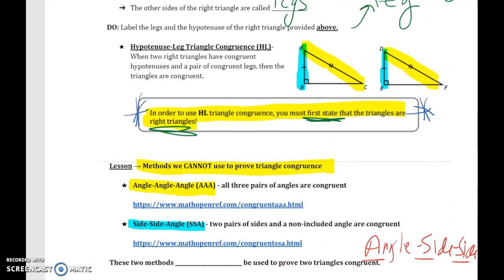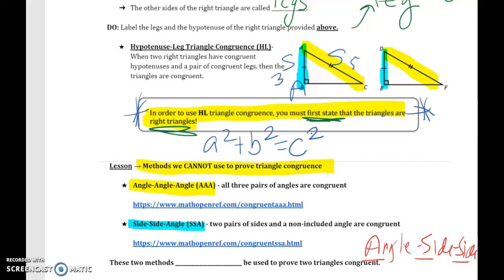With that being said, notice if we were to label the parts of the right triangle from above, side, side, angle, it is one of the methods that we can't use. However, this is a right triangle, and if we knew the hypotenuse was 5, and we knew that AB was 3, well, we know that the sides of a right triangle must satisfy the Pythagorean theorem.